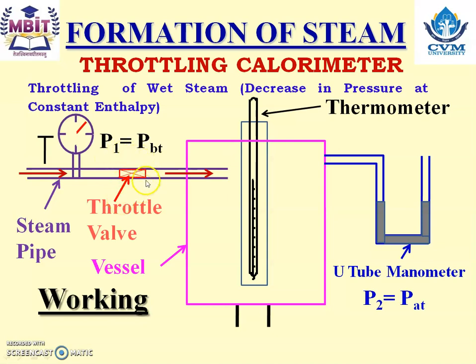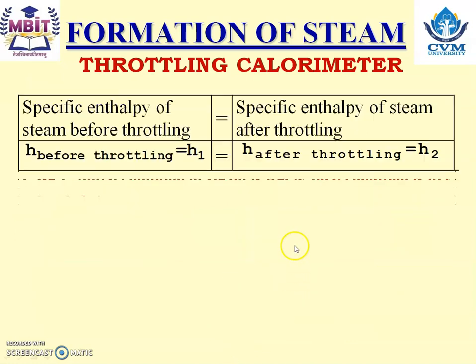Due to that, its pressure reduces, but enthalpy remains constant. So that reduced-pressure steam enters the vessel. Using the thermometer, we can measure the temperature of steam after throttling, that is T2, and using the U-tube manometer we can measure the pressure after throttling, that is P2. And steam exits from the bottom.